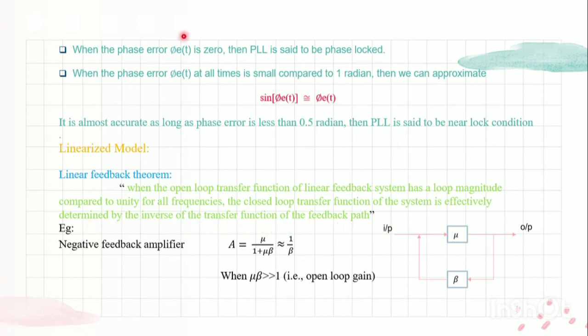For example, consider a negative feedback amplifier. It has a gain equal to ν/(1 + νβ). Now, considering the open loop condition, νβ is much larger than 1, so neglecting the 1, ν cancels out. As a result, we get 1/β, that is β inverse. And the theorem is proved here.